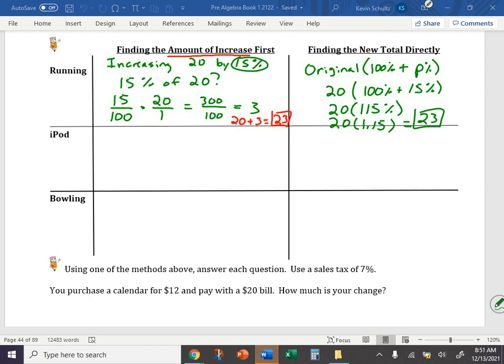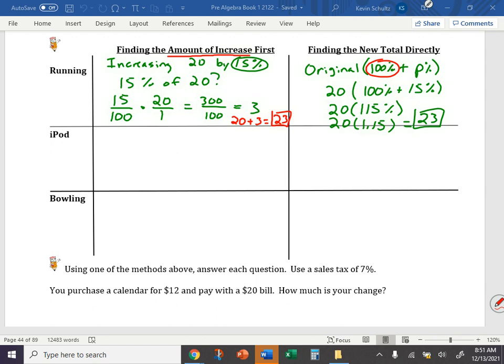We didn't find the 3 first and then add it on. We got there directly. Can anyone see what in this formula causes that to happen? This 100% right here represents the whole original amount, right?